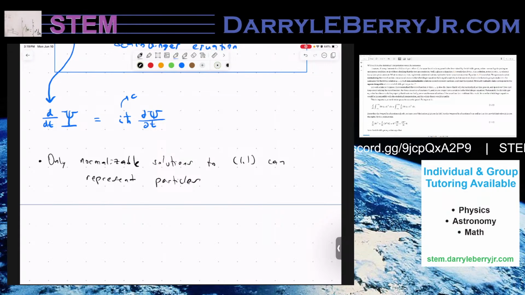Physically realizable states correspond to the square-integrable solutions to the Schrodinger equation. And it gives us a reference.